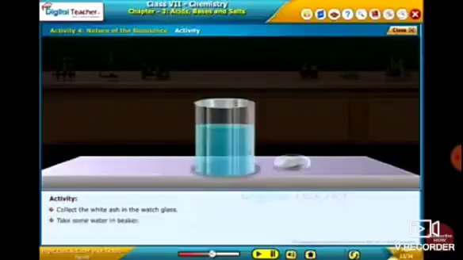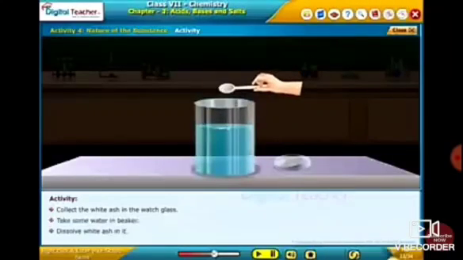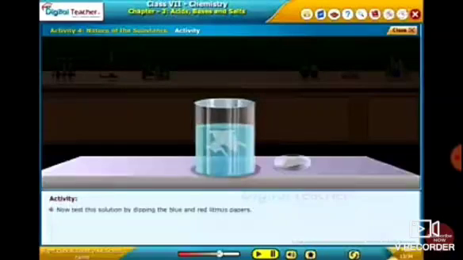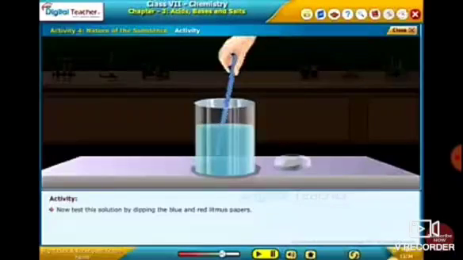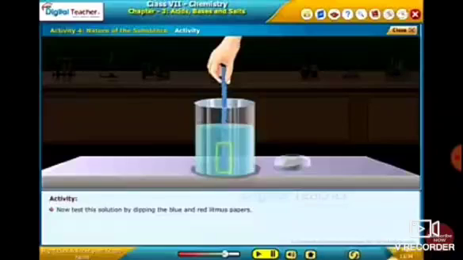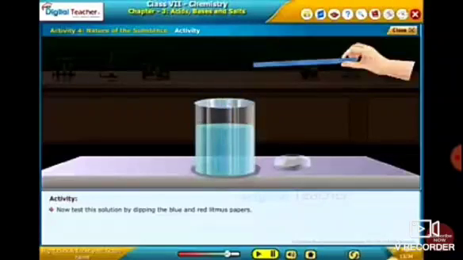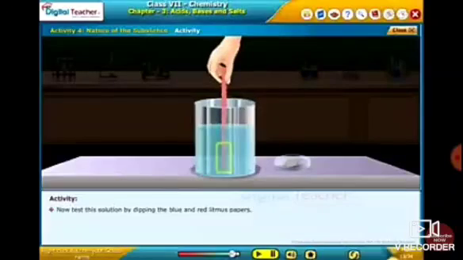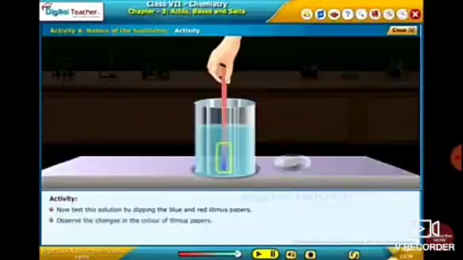Take some water in a beaker. Dissolve the white ash in it. Now test this solution by dropping the blue and red litmus papers. Observe the changes in the color of litmus papers.